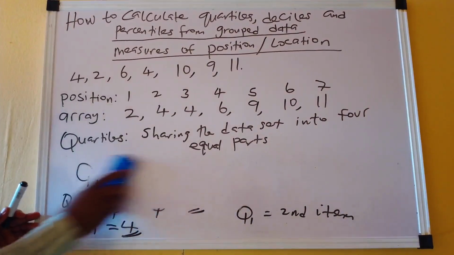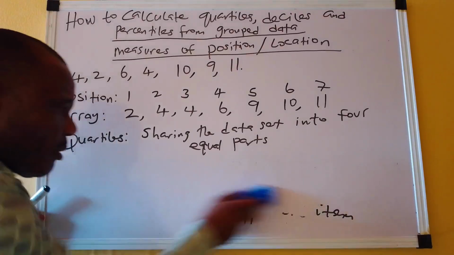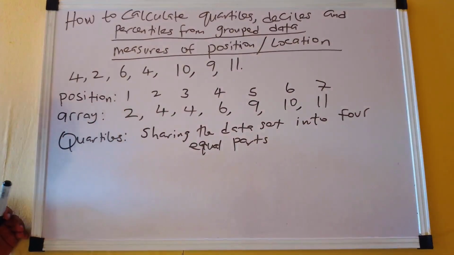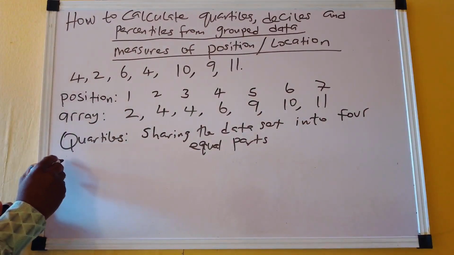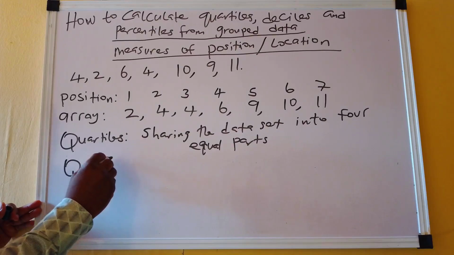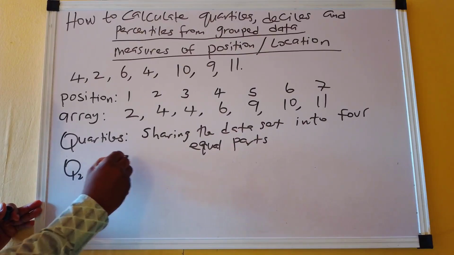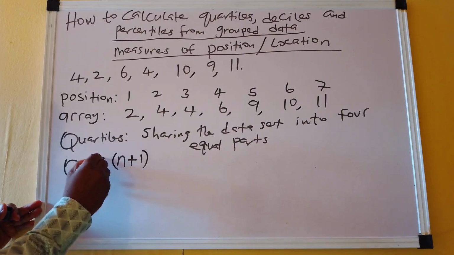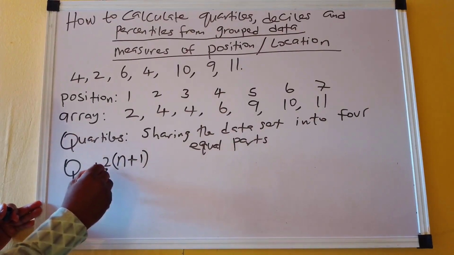Now the second quartile, denoted as Q2, is given as 2 into n plus 1 all over 4. Because it's the second quartile, you put your 2 outside.